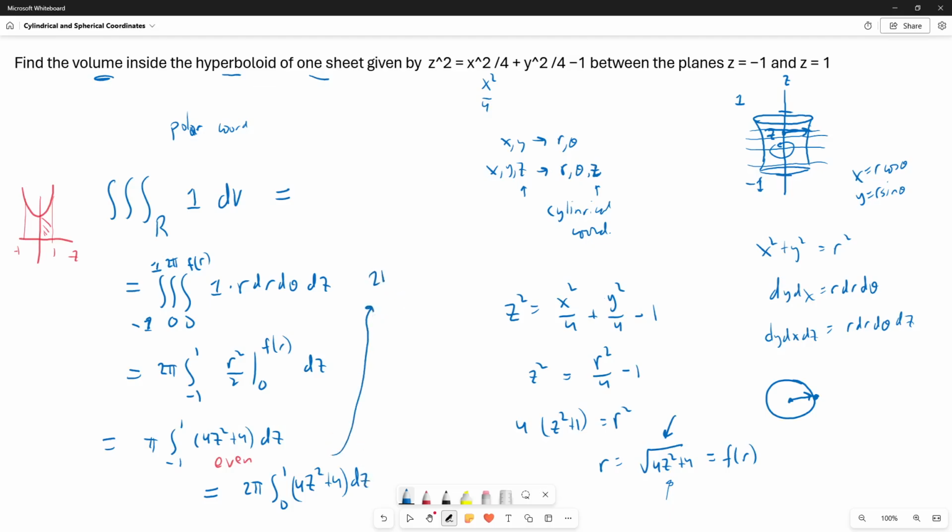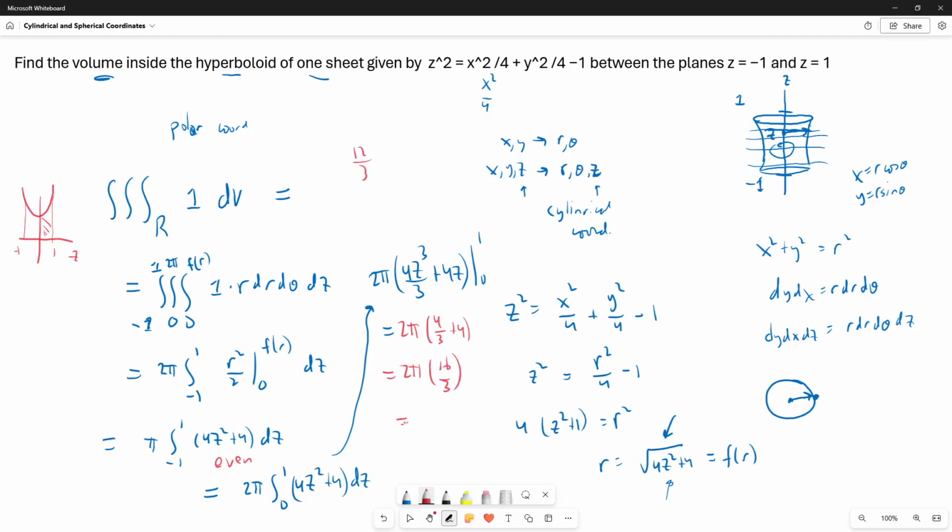And that's 2 pi times, antiderivative is 4z cubed over 3 plus 4z from 0 to 1. And that gets 2 pi times, plug in 1, you get 4/3 plus 4. And when you plug in 0, you get 0. So we have 2 pi times 4 is 12/3 plus 4/3 is 16/3.